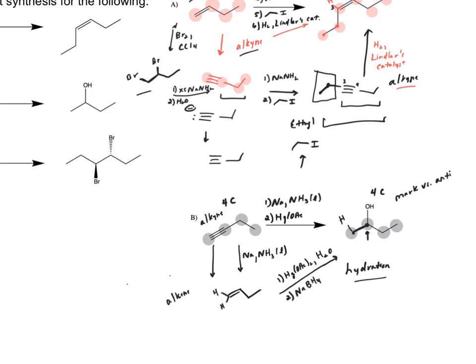You could technically use acid catalyzed hydration, but just to be sure that you don't have to worry about rearrangement, I would always just use your oxymercuration, demercuration, because it'll give you the Markovnikov product and we won't see any type of rearrangement. Okay, so that's it. It's only 3 steps for this one.